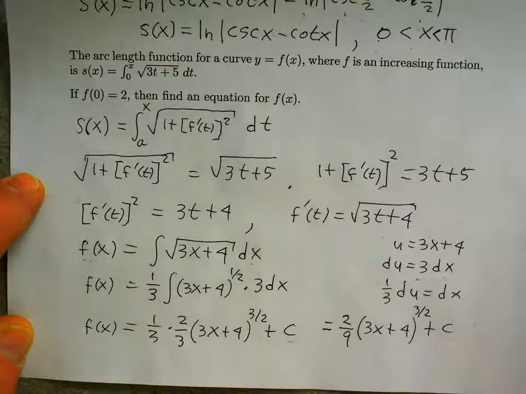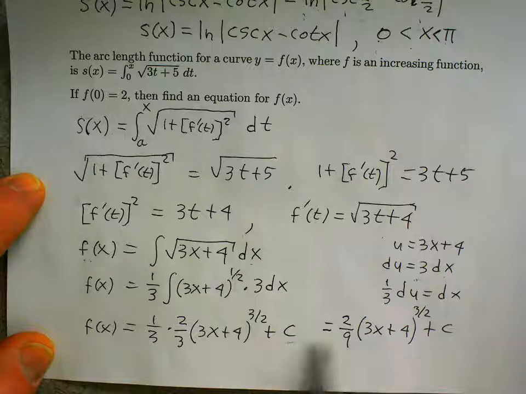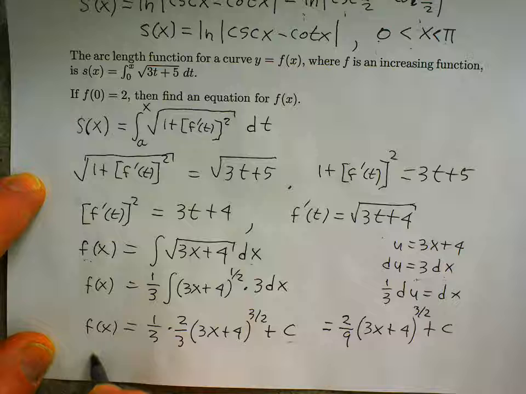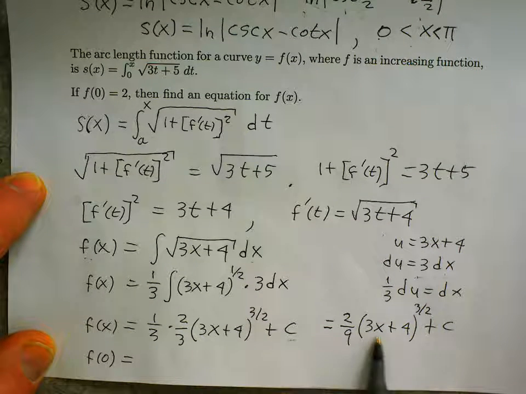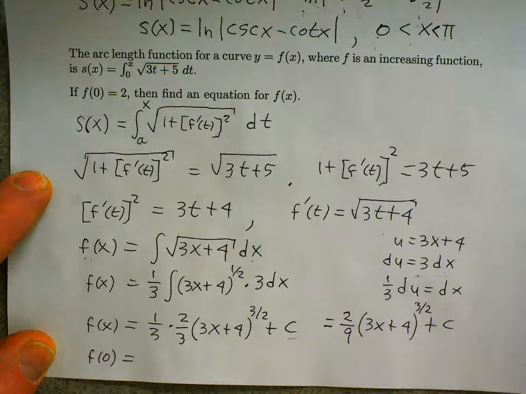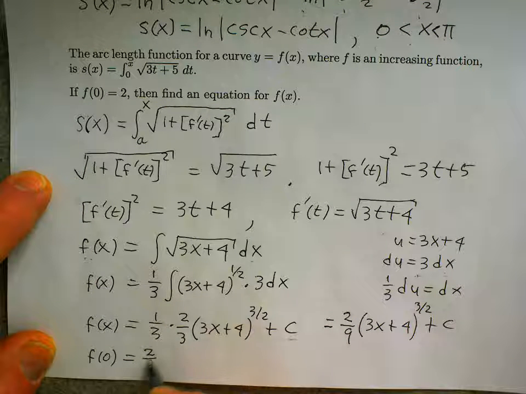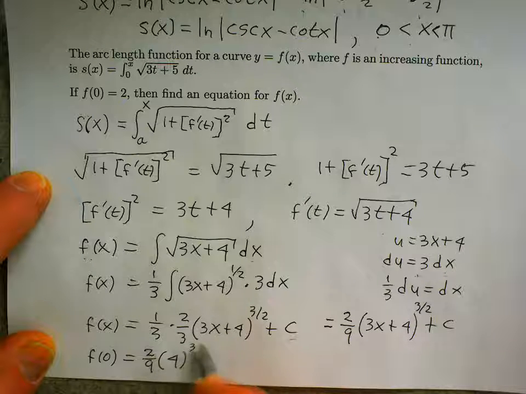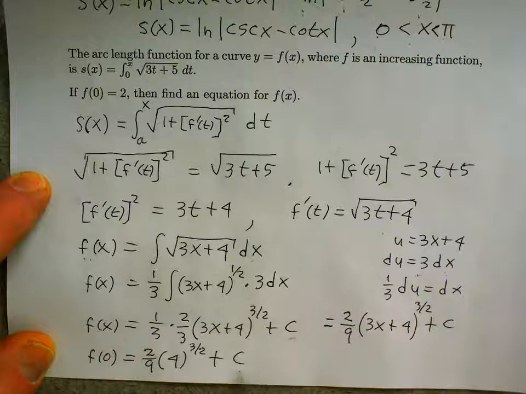Okay, since f of 0 equals 2, we can write f of 0, replace x with 0, we get 2/9 times 4 to the 3/2 plus the constant. And this is equal to 2.